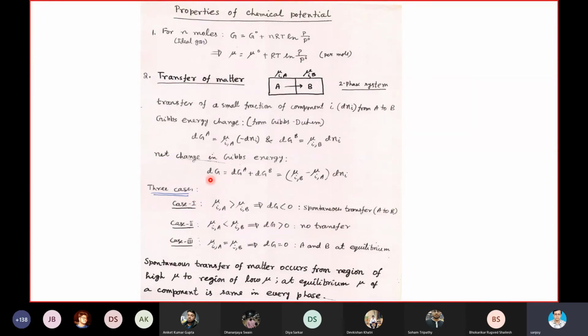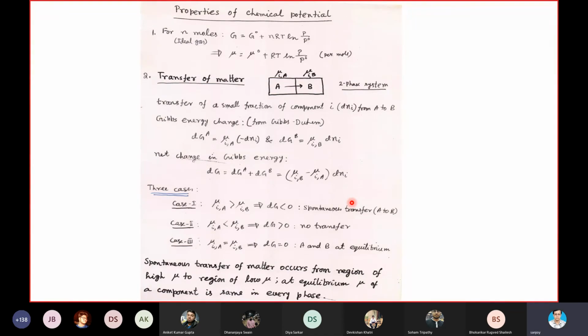In order to make that spontaneous, you have to make sure what the gradient in chemical potential should be. That automatically means the gradient in concentration. And you also have a condition of equilibrium: at equilibrium, the chemical potential must be the same.